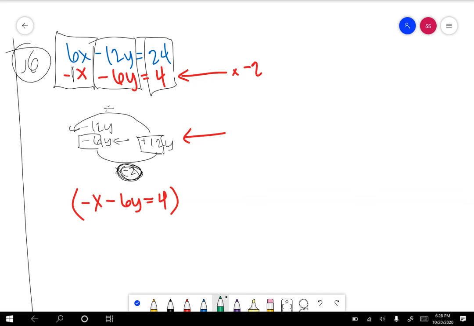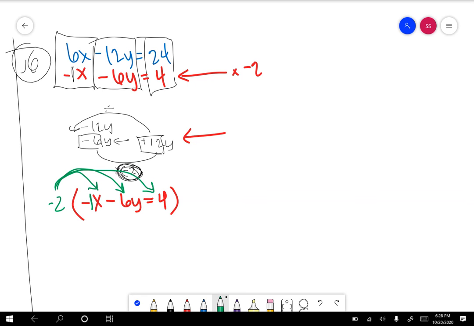We'll go Christmas. Multiply this whole equation by negative 2. So each term we are going to multiply by negative 2. In this case, we would end up with negative 2 times negative 1x. Remember that invisible 1 there.